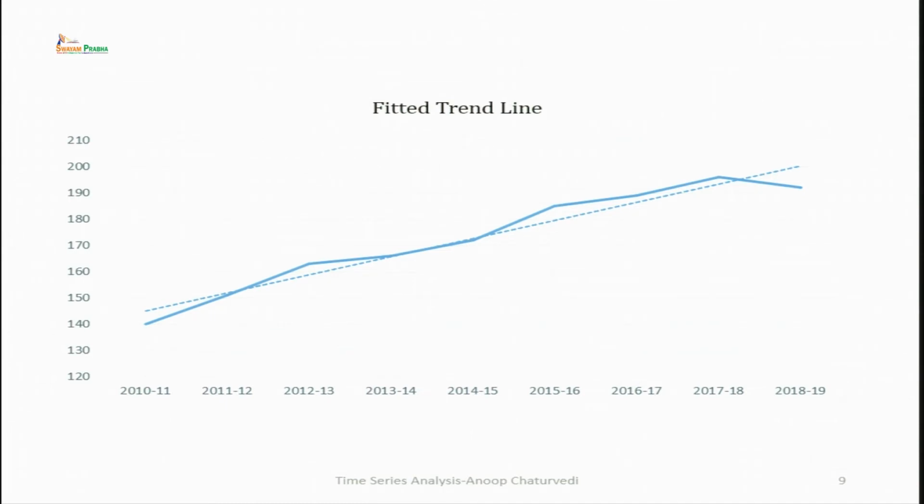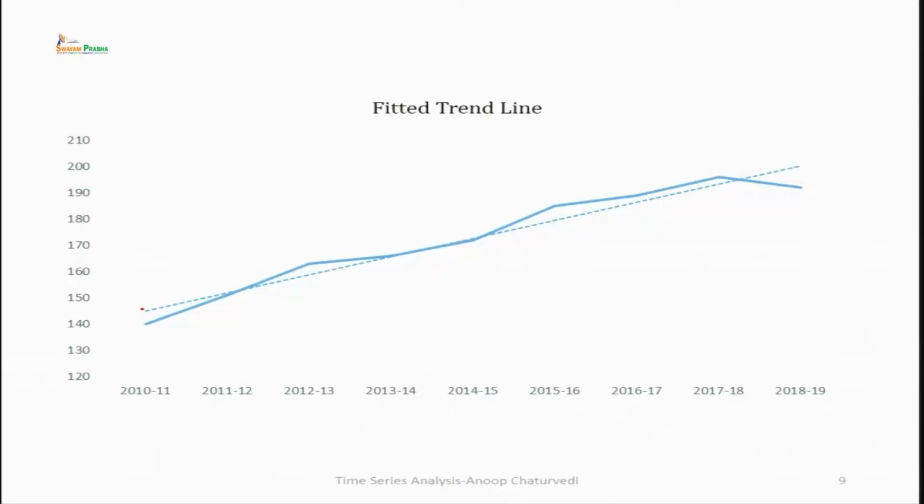One more thing, in the method of least squares, just like what we have discussed in the earlier lecture 2 for bivariate data, we minimize the sum of squares of distances between observed values and corresponding trend values, and we take these distances parallel to the y axis.